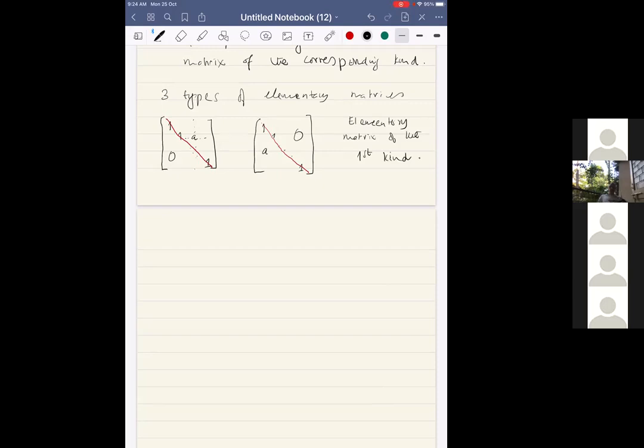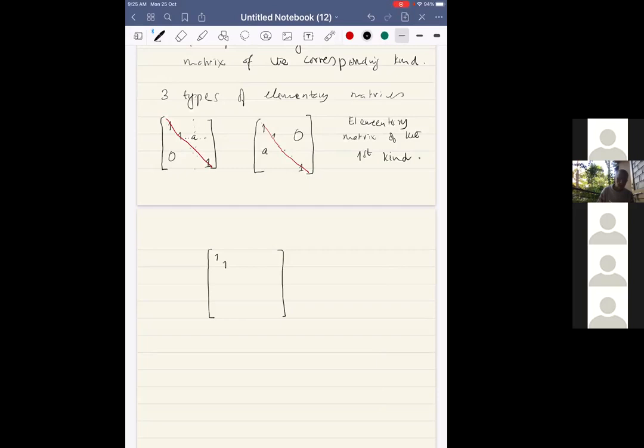Now, the elementary matrix of the second kind looks like this.